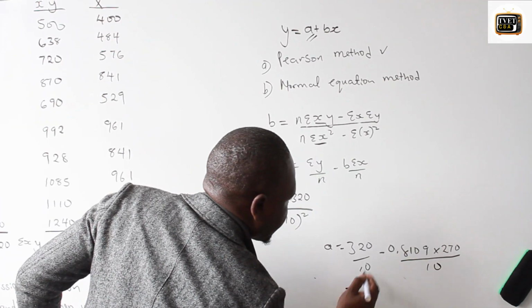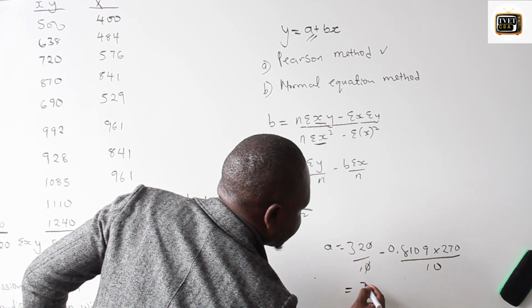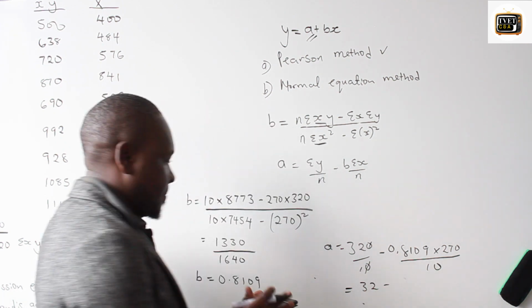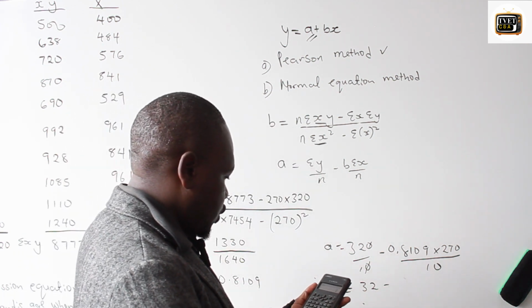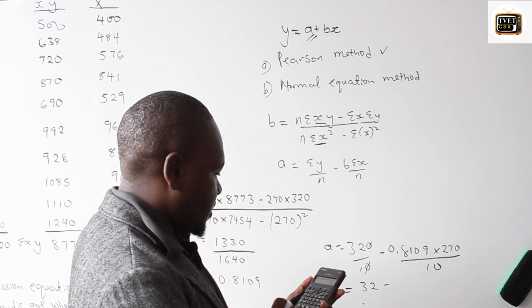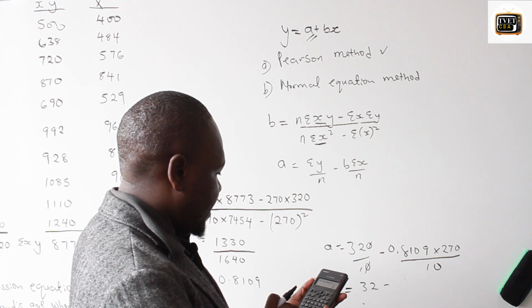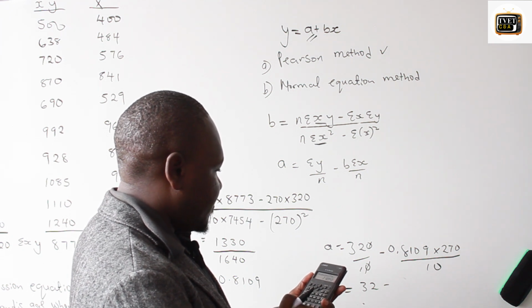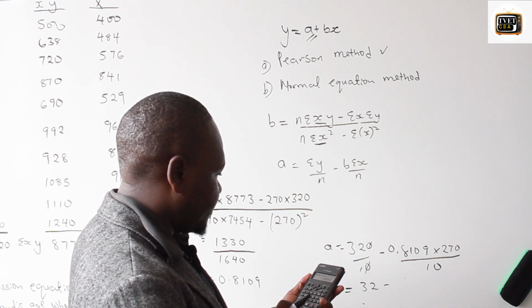What do you find? 320 over 10 goes to 32, minus 0.8109 times 270 divided by 10.